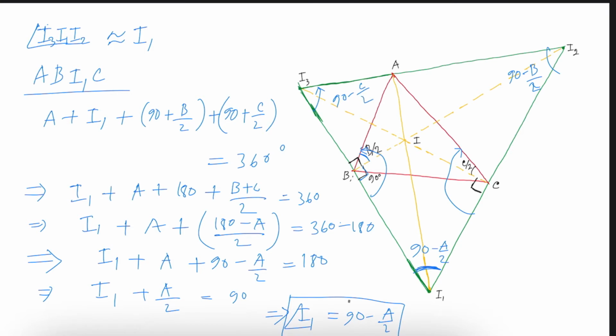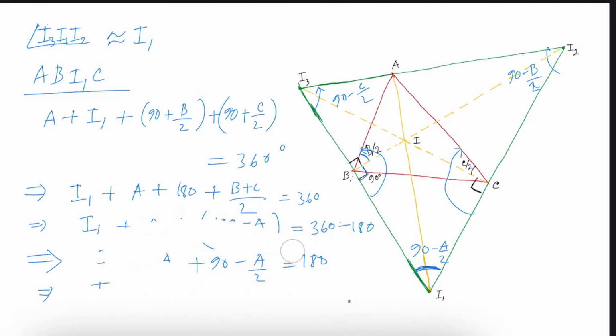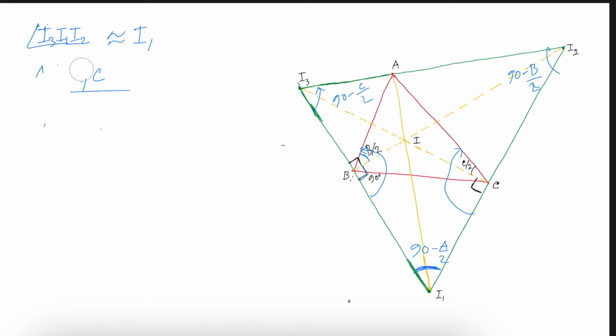Okay, so we have calculated the angles of the excentral triangle I1, I2, I3. Now we want to find the distances.